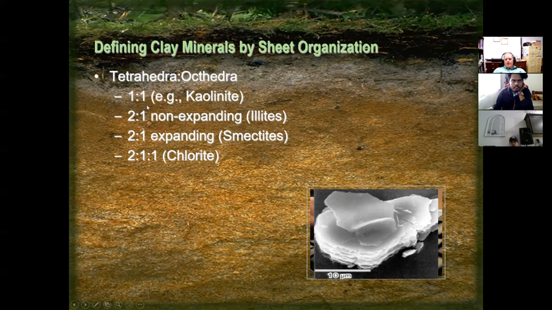So if we've got a 1-to-1, that means there's one tetrahedral sheet in arrangement with one octahedral sheet. I'll show you that in just a minute. We can have 2-to-1 where there's 2 tetrahedrals and 1 octahedral.